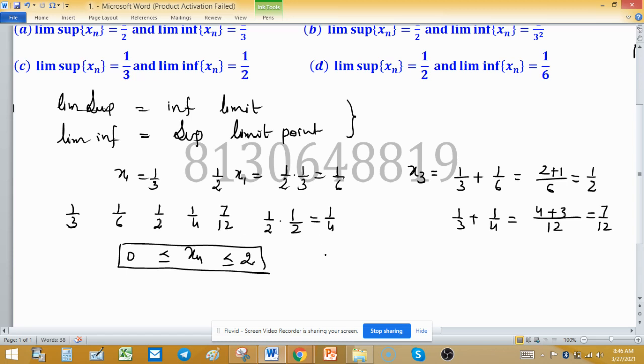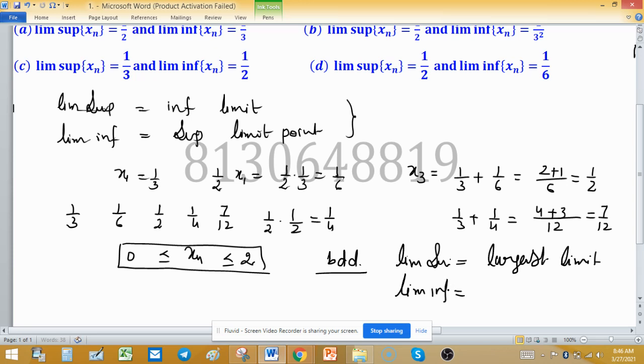Now the sequence is bounded, so limit superior is the largest limit point, and limit inferior, or lim inf, is the smallest limit point.